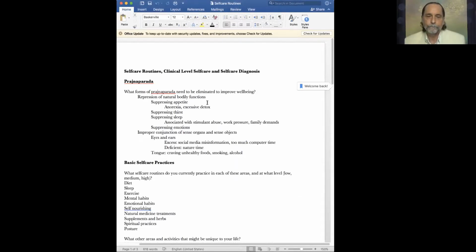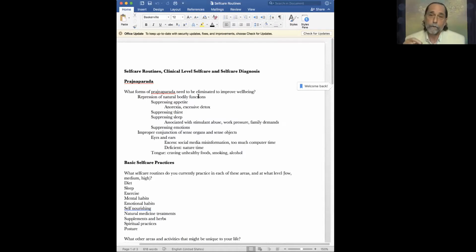And the repression of natural bodily functions can cause serious pathologies. And as a matter of fact, I can say that a huge number of complex chronic autoimmune and inflammatory conditions are based on suppression, and specifically suppression of sleep. I mean, think how many people now are sleep deprived, okay?